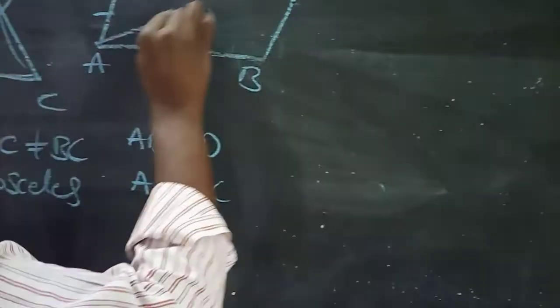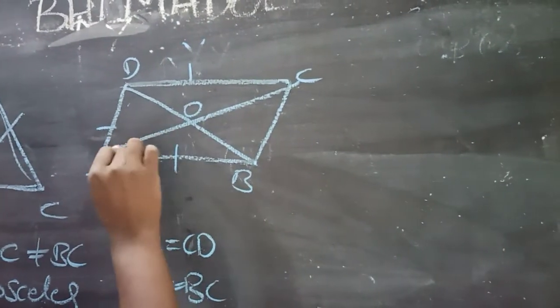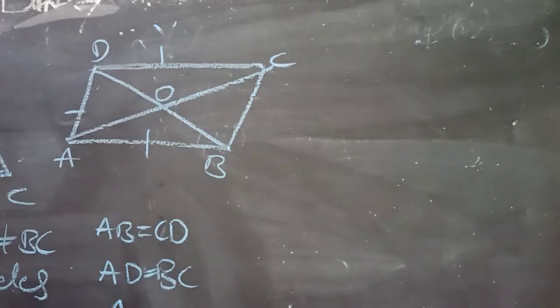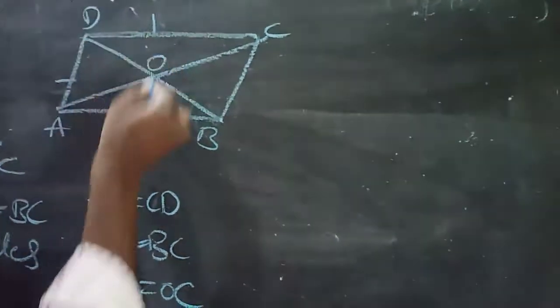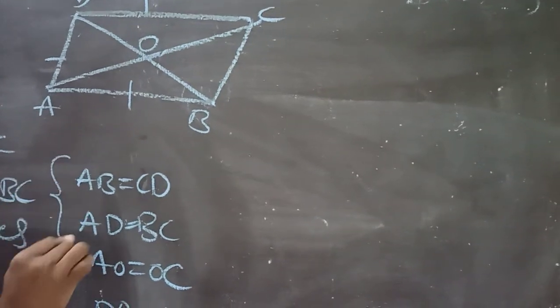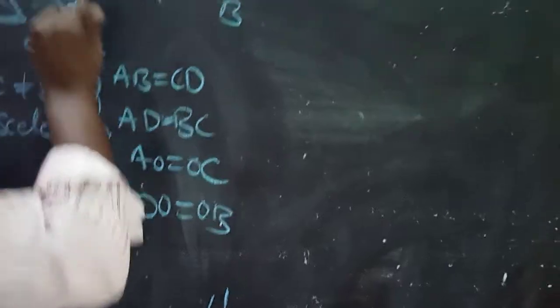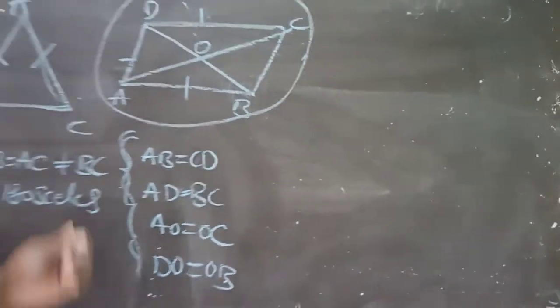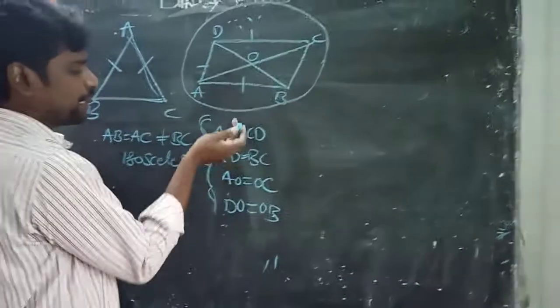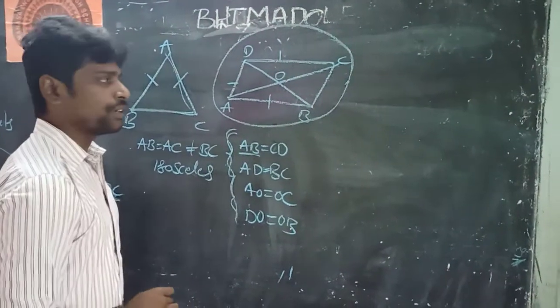Diagonals bisect each other, meaning they are divided into two equal parts: AO is equal to OC and DO is equal to OB. If it satisfies this condition, the given figure is a parallelogram. Here AB means the distance between A and B.